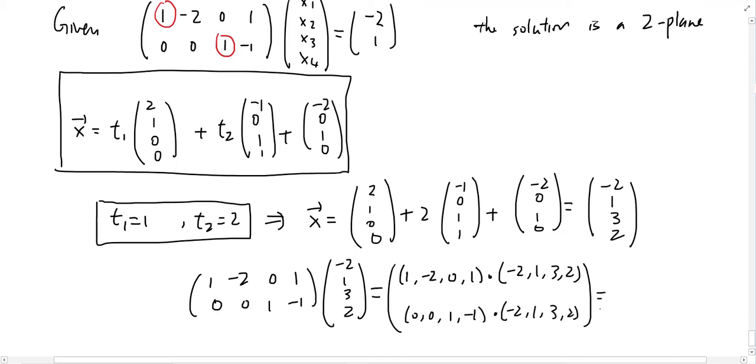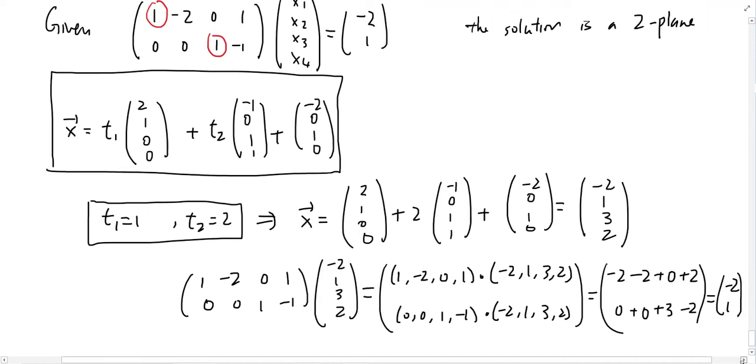So that would be negative 2 plus 2, I'm sorry, negative 2 minus 2, plus 0 plus 2. And voila! That comes out to be negative 2, which is good. Bottom number will be 0 plus 0 plus 3 minus 2, which is 1.